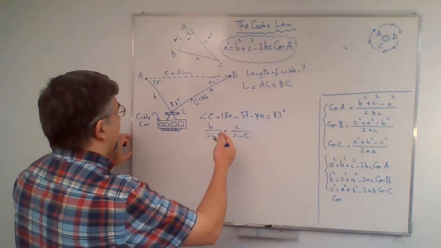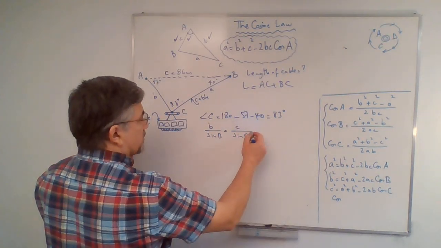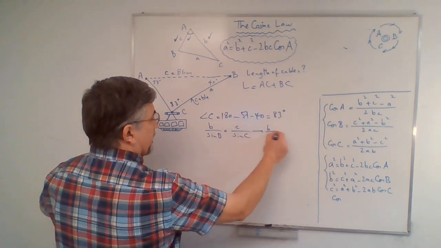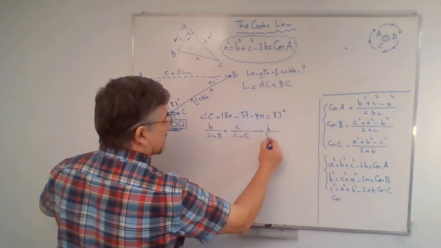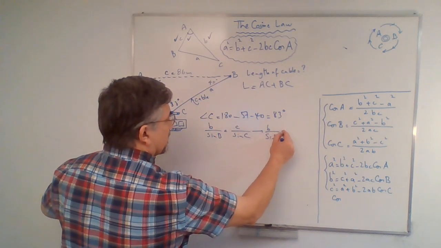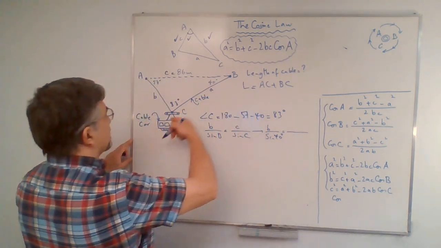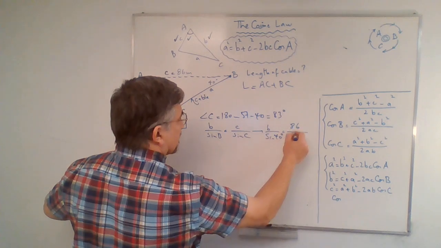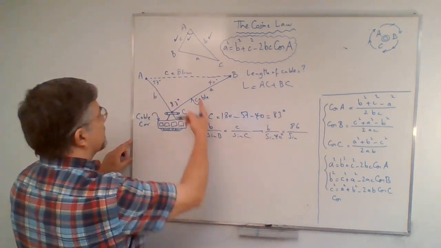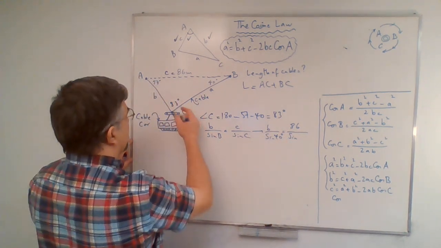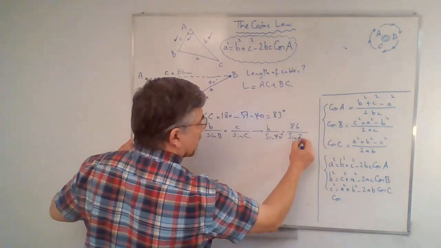We don't know how much b is, we need to find it. But sine of angle B would be sine of 40 degrees, and the side c is 86, and the angle C is 83 degrees. We just found it, 83 degrees.